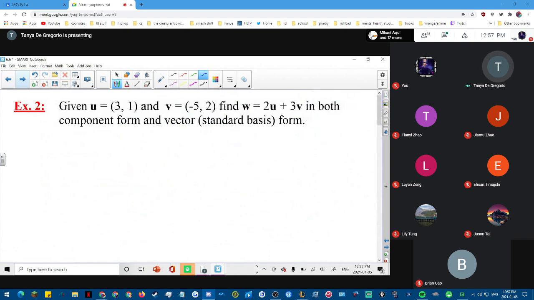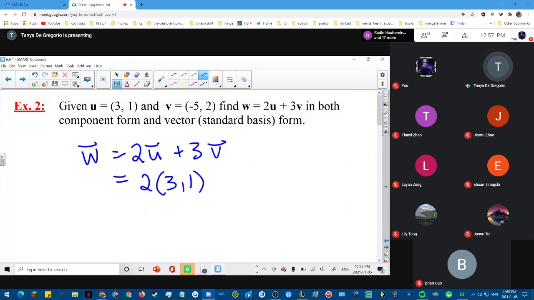Okay, example 2. Given vector u is equal to 3, 1, and vector v is -5, 2, find vector w equals 2 times vector u plus 3 times vector v in both component form and standard basis form. So we're going to start with component form. Here I want to find vector w. I know the components of u, and I know the components of v.